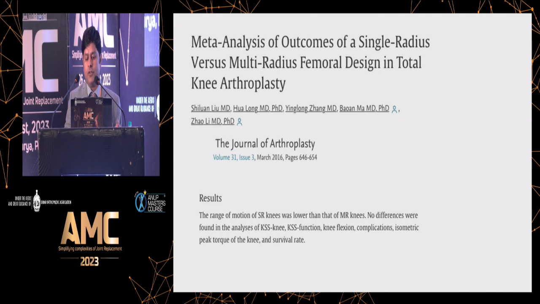Due to a few of its theoretical pitfalls, its successors came, like the single radius, the gradient or gradius knee, or the medial pivot knee. It initially showed that the single radius knee has a lower range of motion compared to the multiple radius knee, but if we look at functional scores or actual clinical outcome scores, there was no difference between the two. So this was 2016.